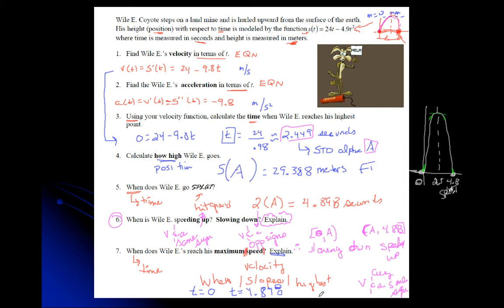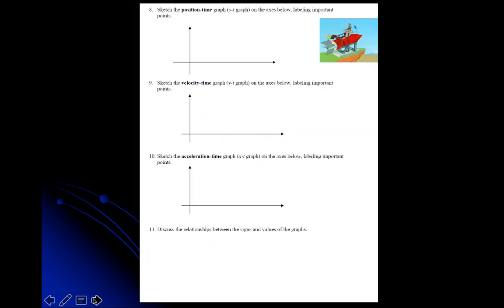Okay. It's more important that you understand what each one of these questions is asking you to do. So here is an activity that asks you to graph each one of these. Graph the position graph, the position-time equation.